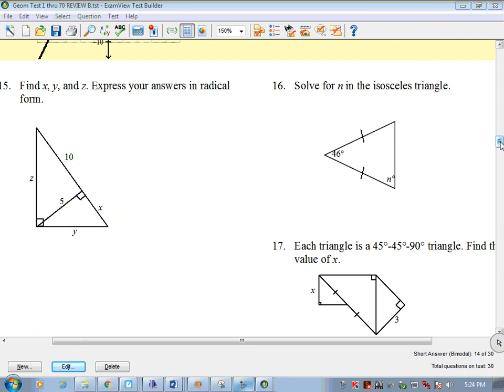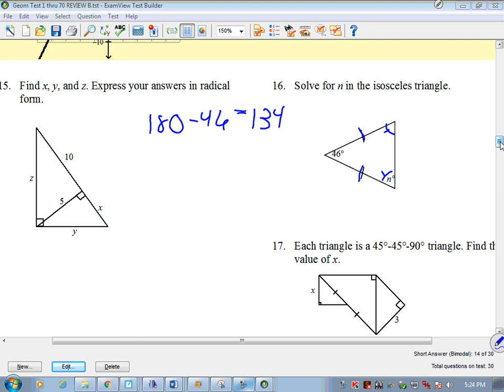All right, 15, we're halfway there. We got 16 right across the way. It's an isosceles triangle. One of the things I know about isosceles triangles is given the congruent sides that the angles opposite them are equal to each other. And in a triangle I only have 180 degrees, so we can take 180 minus 46. That should be something like 134. 134 degrees plus 46 is 180.